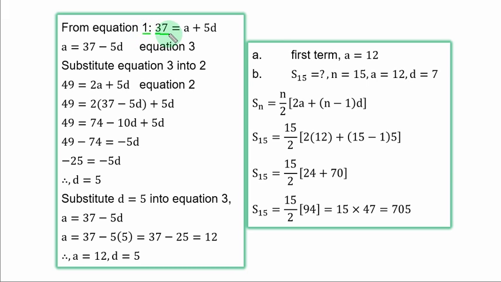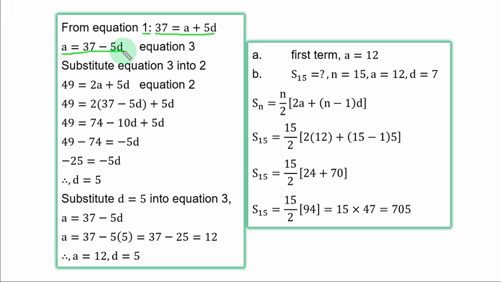Equation 1 is 37 equal to a plus 5d, and I want to make a the subject because its coefficient is 1. Sometimes if the two variables have coefficients other than 1, you still make one the subject and divide through by its coefficient. If you make a the subject, you transfer plus 5d to the other side, and you have a equal to 37 minus 5d. You call that equation 3.